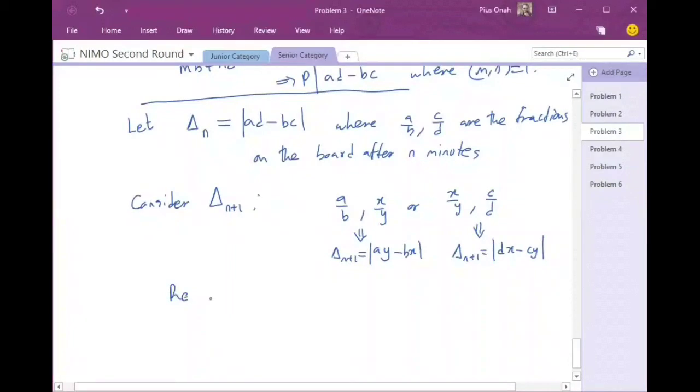So recall that a plus c is t times x, and b plus d is t times y, right? One key observation is that if we replace d and c by b plus d and a plus c, we end up getting the same expression.